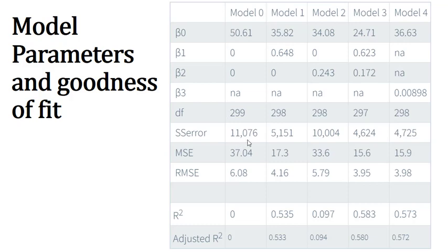So basically model 0 explains 0 of the variance of academic achievement.